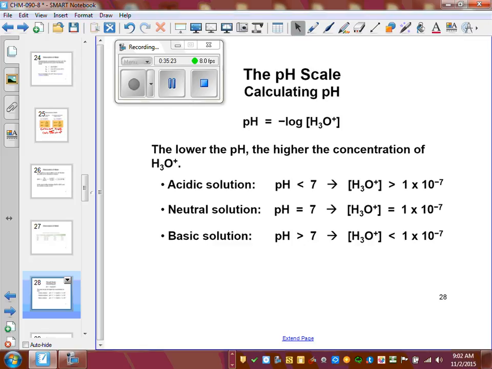This is why you needed a scientific calculator that has logs on it, so you can do these calculations. So if the pH is less than 7, it's an acidic solution. If it's equal to 7, it's a neutral solution. If it's greater than 7, it's a basic solution.